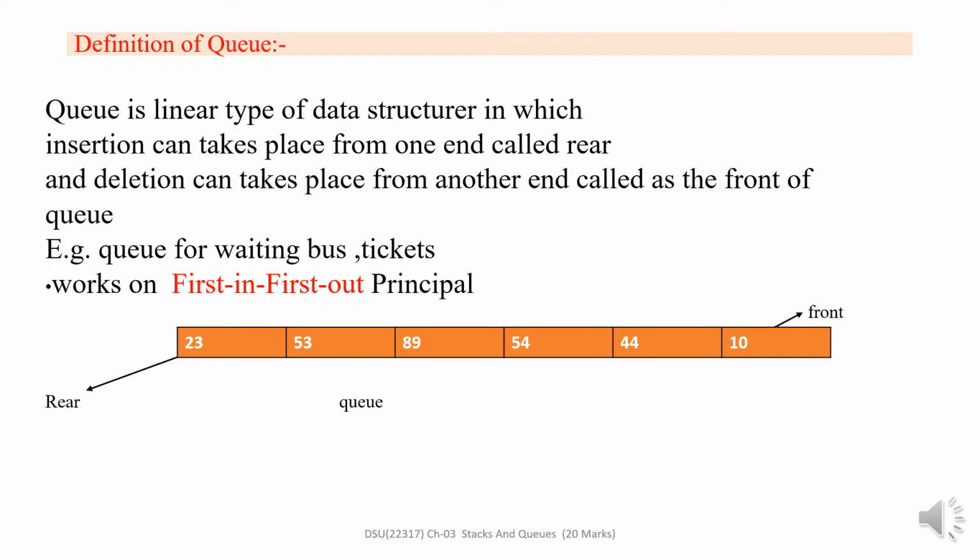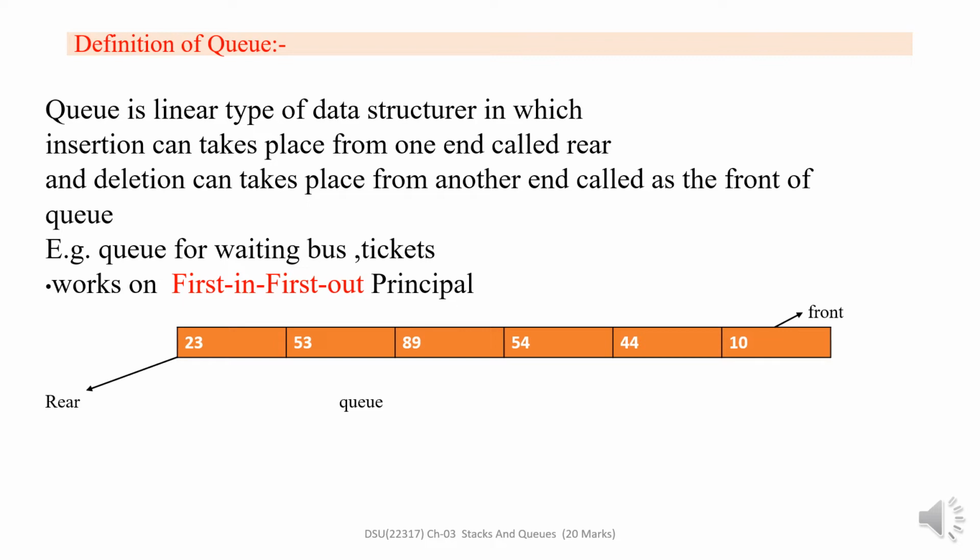In the queue, whoever is first gets the first chance to get in the bus or to get the ticket. It is the concept of the first in first out principle.